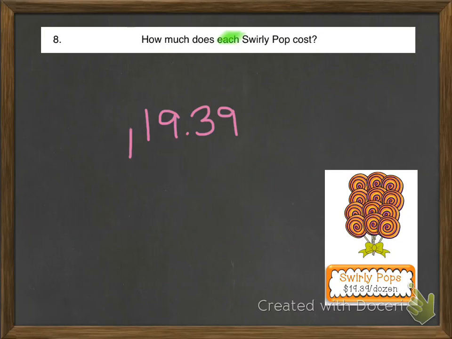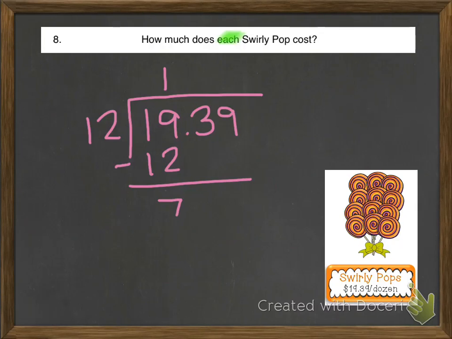So if the swirly pops cost $19.39 for 12, I'm going to divide $19.39 divided by 12. 12 goes into 19 one time. If I subtract the 12, that leaves me with 7. Bringing down the 3, I've now got 73. 12 goes into 73 6 times, which is 72.